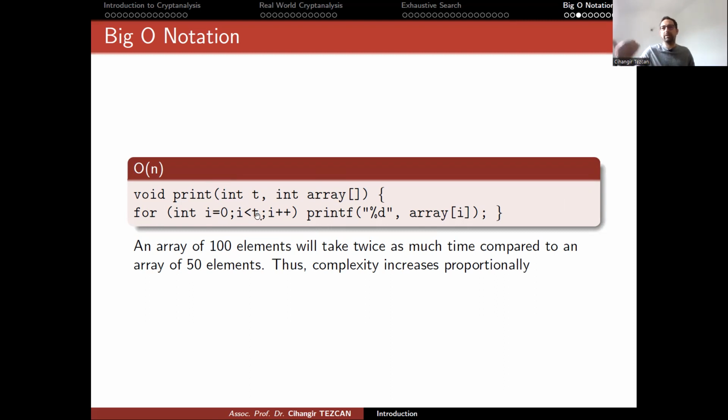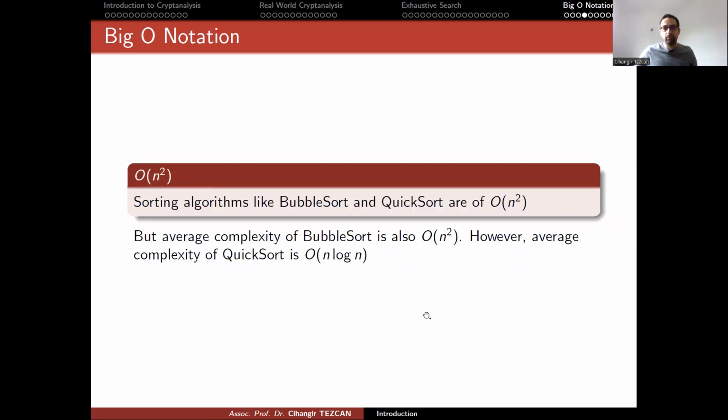So I actually print t values inside this for loop. An array of 100 elements will take twice as much time compared to an array of 50 elements, right? Thus, complexity increases proportionally. This is why we call it polynomial time, or O(n). So there's a linear increase here.